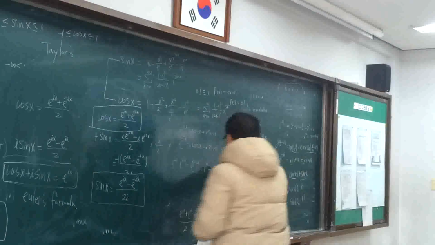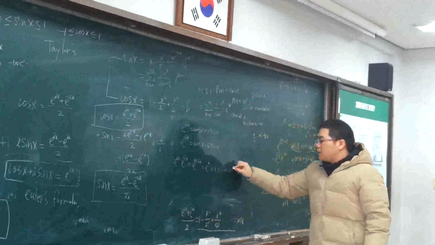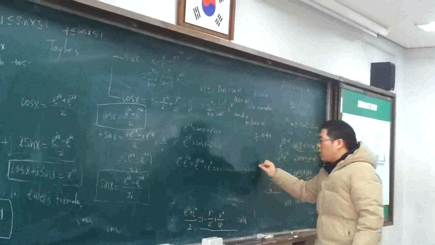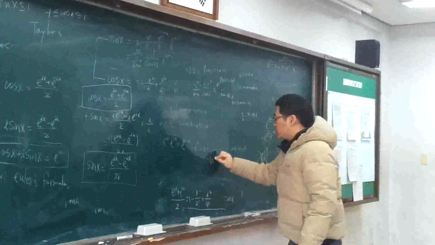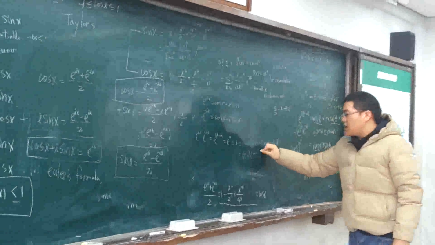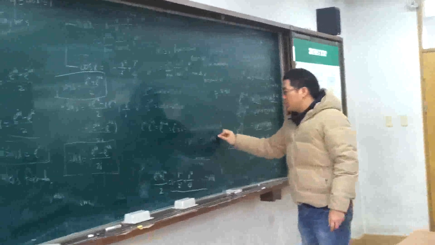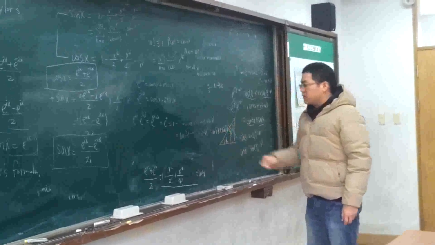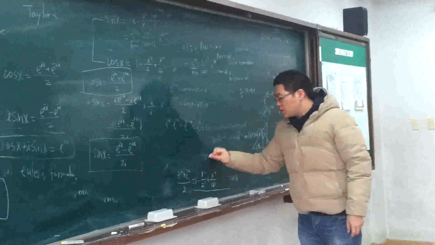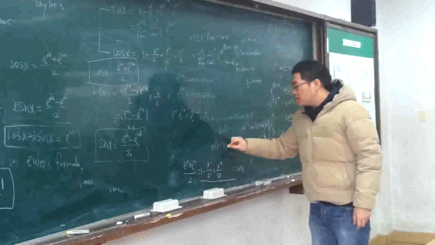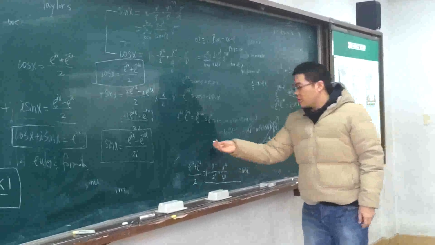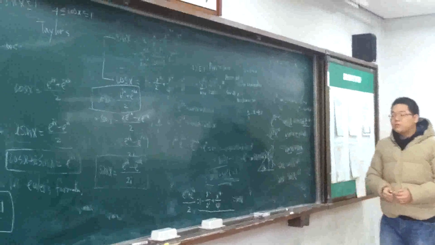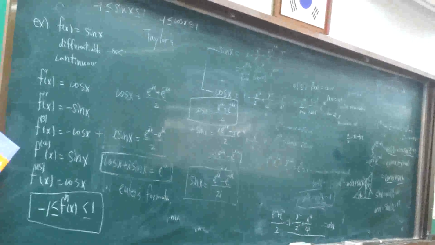So multiplying it out, then (cos x plus i sin x)(cos x minus i sin x) equals cos squared x plus sin squared x. So cos squared x plus sin squared x equals 1. Right? This is another very important and famous identity.